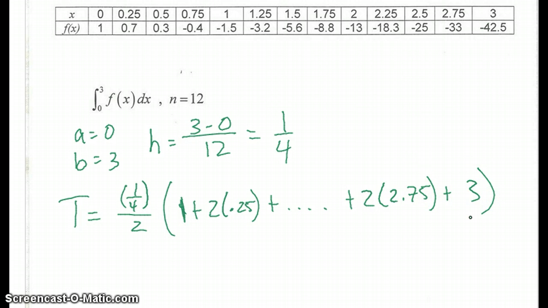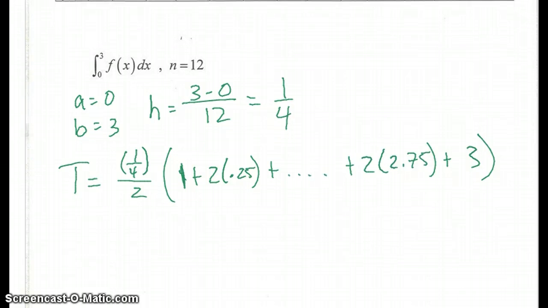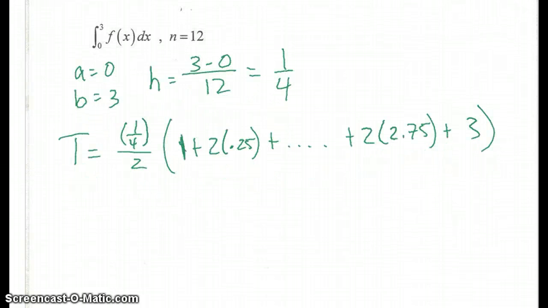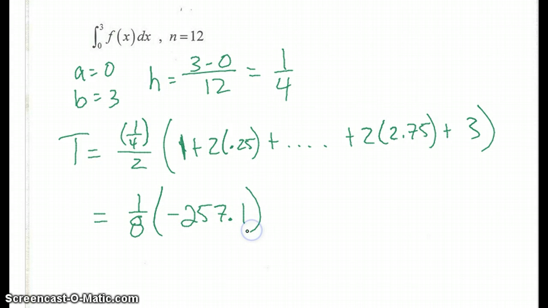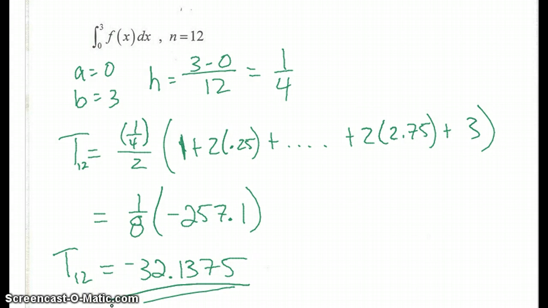And we would put all of the values into our calculator to find that we're going to end up with 1/8 times negative 257.1, which gives us a final value of T sub 12 equal to negative 32.1375. That's 5.5a.